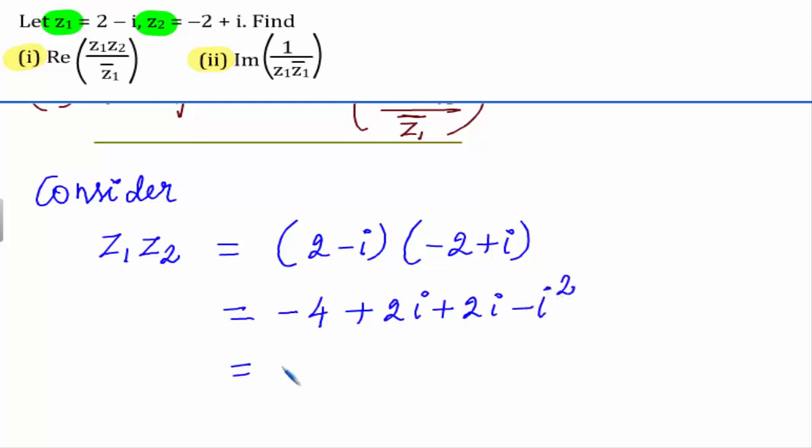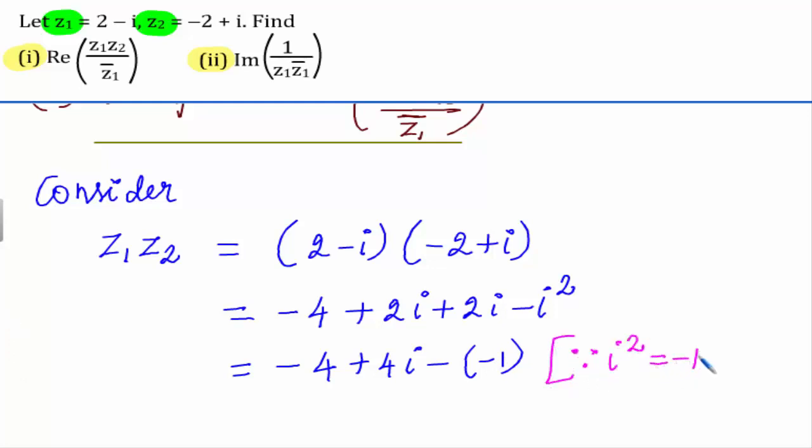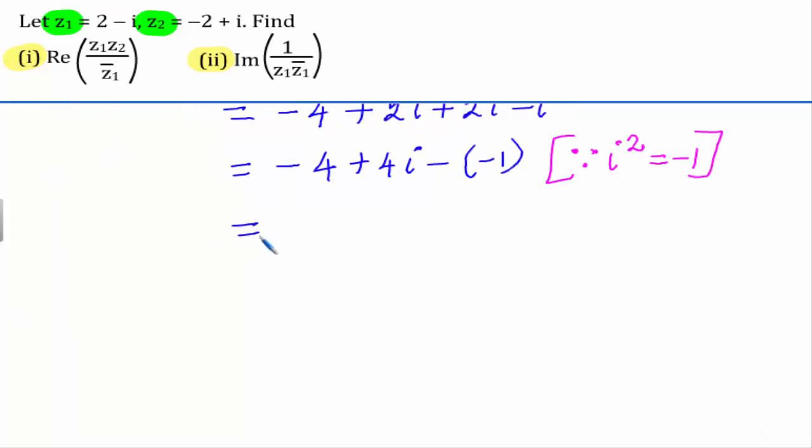So this will be equal to minus 4 plus 4i minus of minus 1. The reason is i square is equal to minus 1. We can write this as minus 3 plus 4i. Therefore, we got z1 z2 as minus 3 plus 4i.